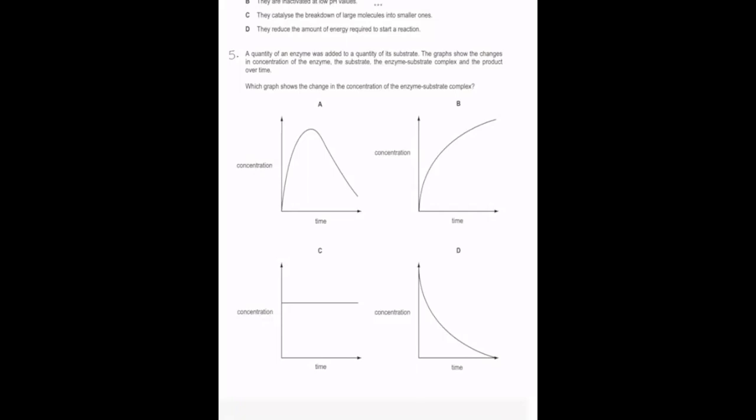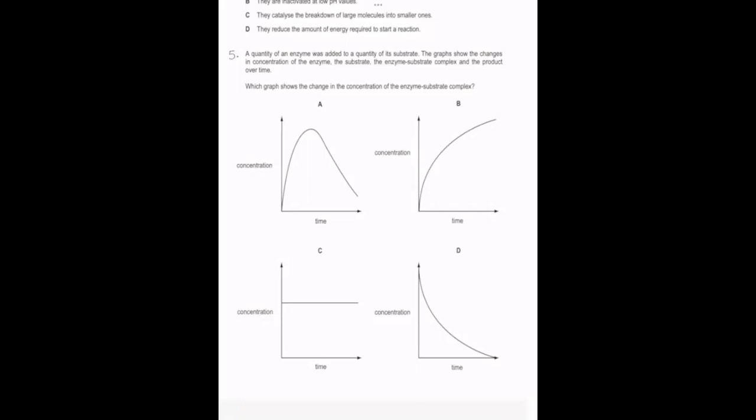The quantity of an enzyme was added to a quantity of a substrate. The graph shows the changes in concentration of the enzyme, the substrate, the enzyme substrate complex and the product over time.